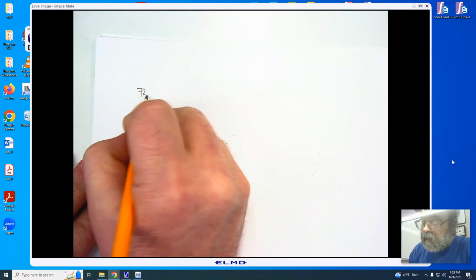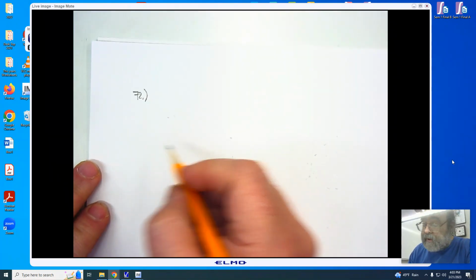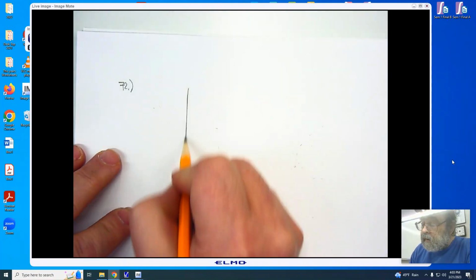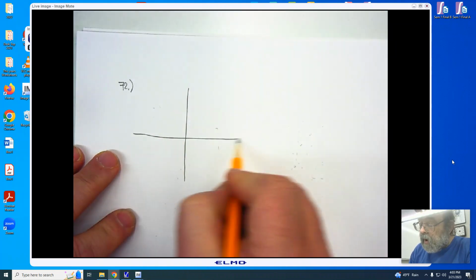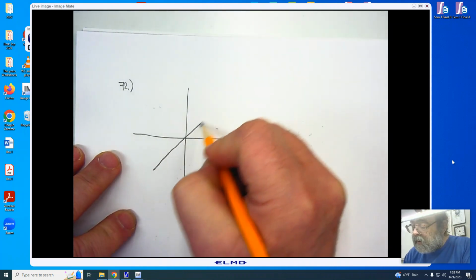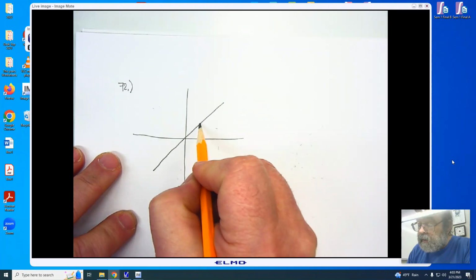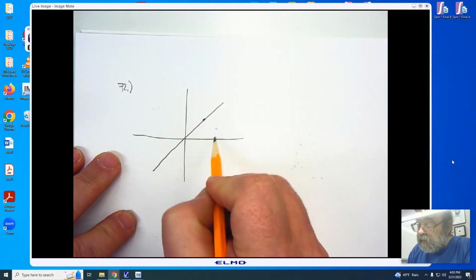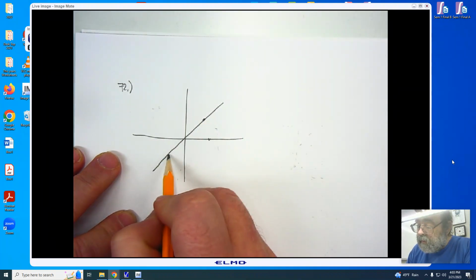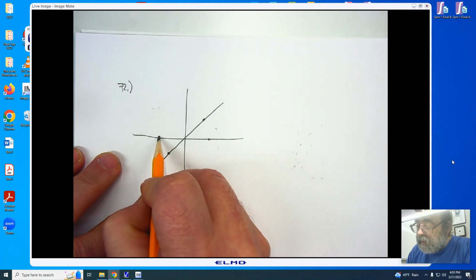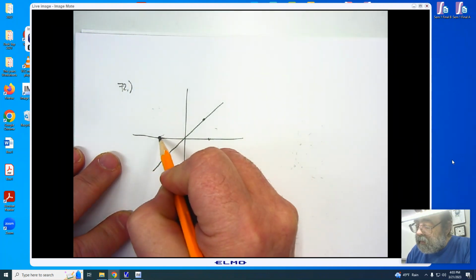So we're going to start off in number 72 with A. A is having us work with squares. So I'm going to start off by drawing my figure in 3 dimensions. So 2, 2, 2, and 2.